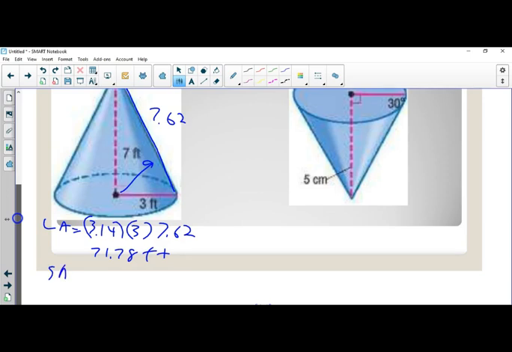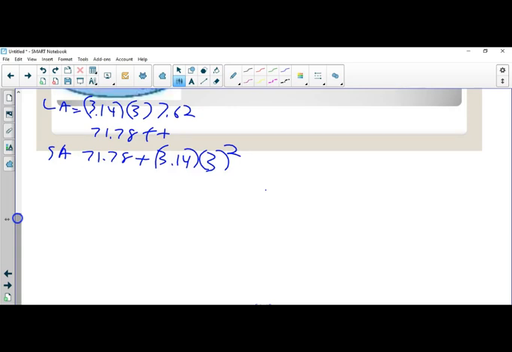Our surface area is going to be 71.78 plus pi r squared. So 3 squared is 9. 9 times 3.14 is 28.26 plus 71.78, which is 100.04 feet squared. Oops, I've got to square my feet up here.